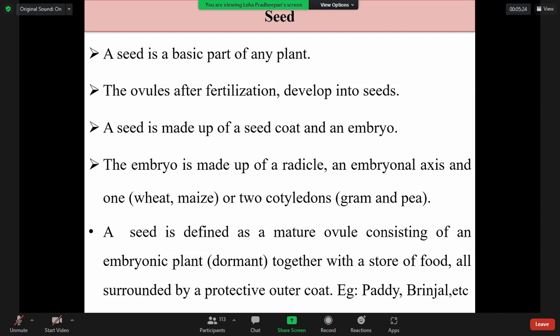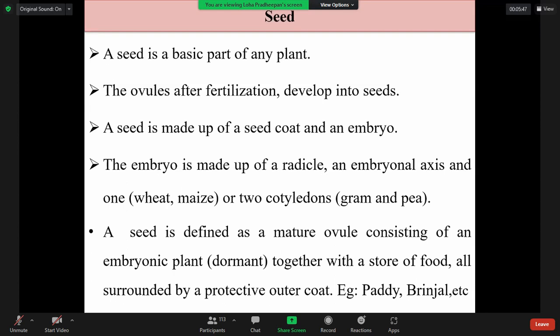I put 2 examples, one representing the monocot and the other one for the dicot. The cereals and pulses are all producing seeds. Paddy is the example for the monocot and brinjal is the dicot.